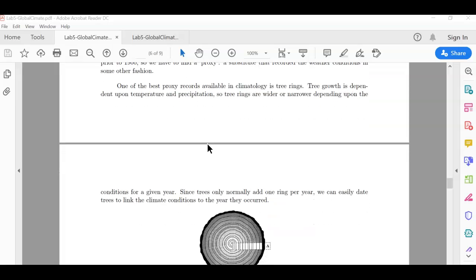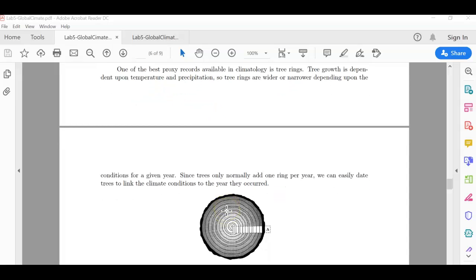Tree growth is dependent upon temperature and precipitation, so tree rings that are wider or narrower depending upon the conditions for a given year will tell us something about the precipitation and the temperature in that location. Since trees only normally add one ring per year, we can easily date trees to link the climate conditions to the year where they occur.